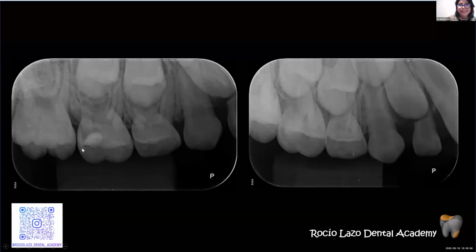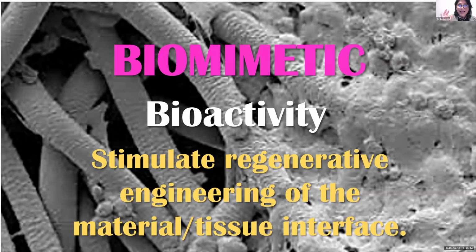Check the difference. These are the X-rays, no? Looking at the radiolucency, that is the caries lesion, and right now, no radiolucency. What does that mean? That you removed all the infected dentin, and with your bioactive biomaterials, you are going to regenerate these affected caries lesions.